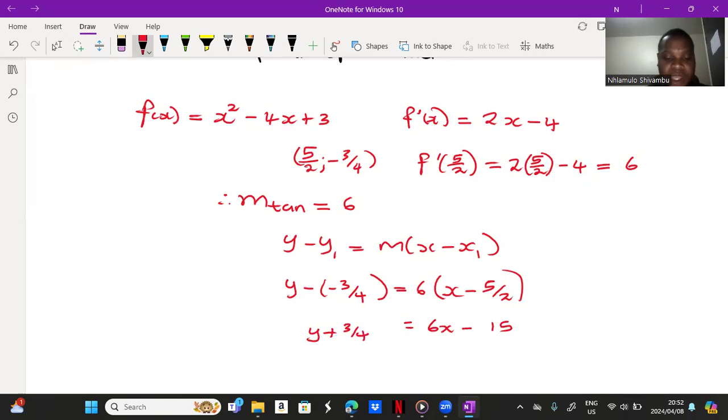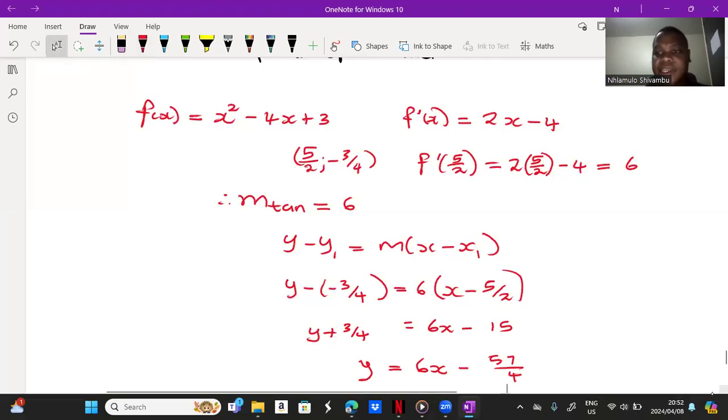Then we carry the 3 over 4 over to the other side, and we get y equals 6x minus 57 over 4. That is the equation of the tangent to that particular curve. So this is very simple.